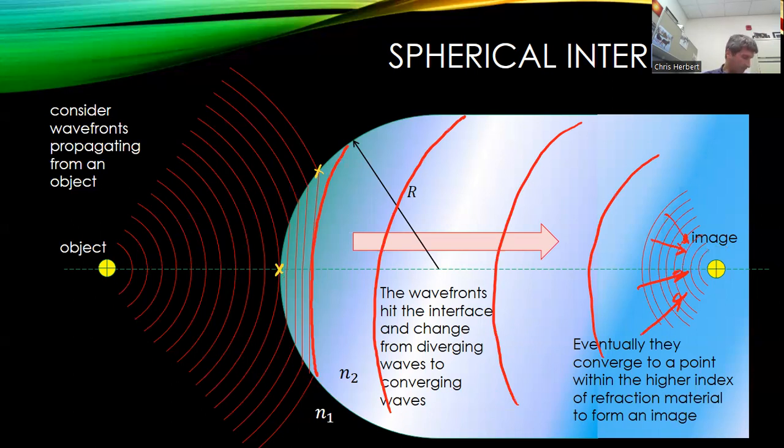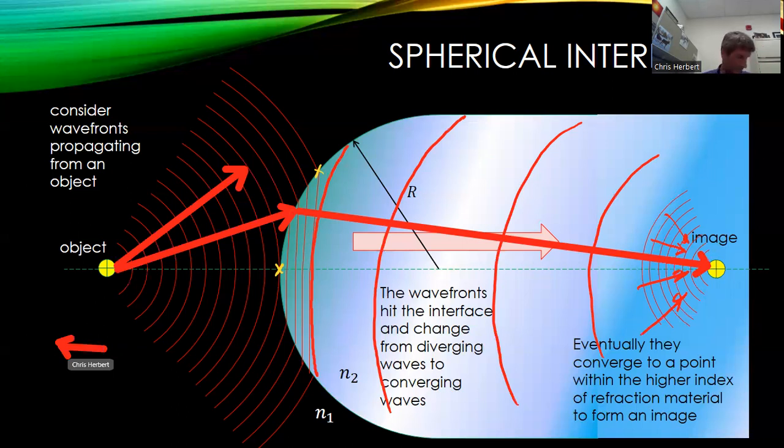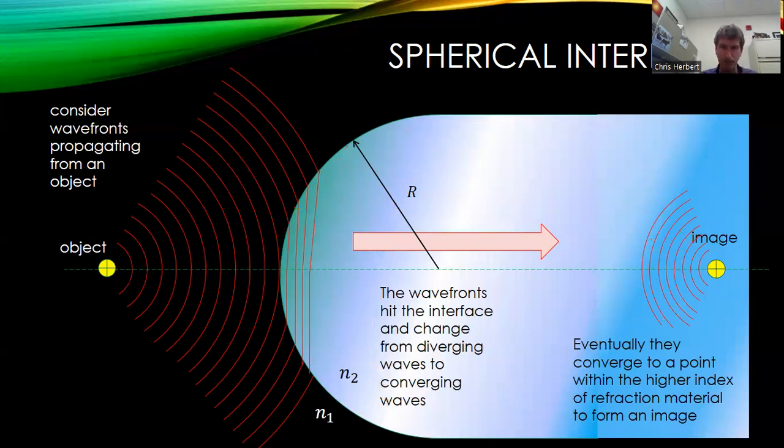So you can see we are going from a case where my light is diverging from that object, and then it hits the interface, and now we've got to be perpendicular to these surfaces, and it converges into this image right here. And again, this object should be way off to the left to be a more realistic situation.